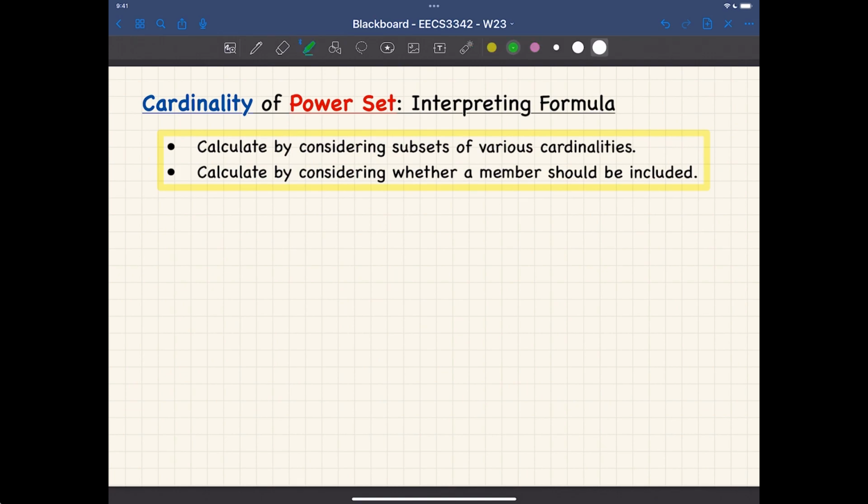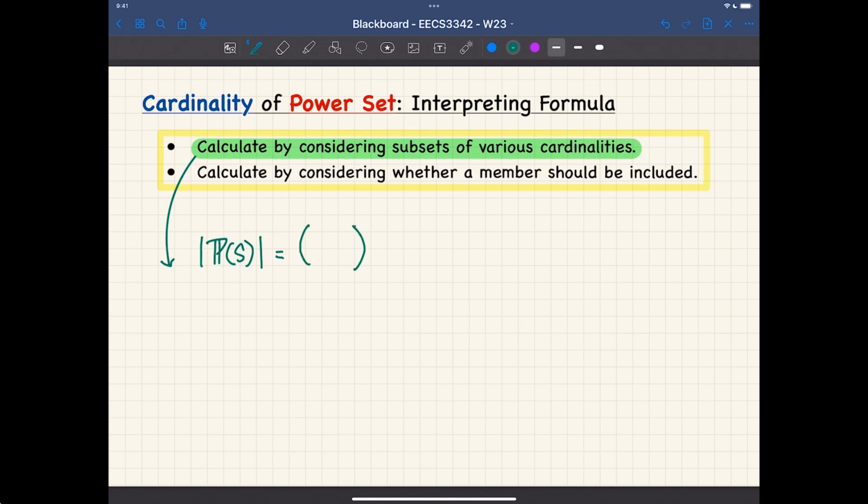Approach number one, by considering subsets of various cardinality. So you can think about it in this way. If I want to calculate the cardinality of the power set of, let's say, a set S, it's going to be, number one, how many subsets are there of cardinality 0?